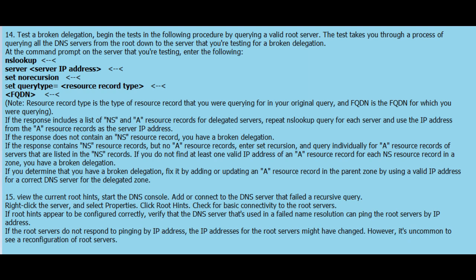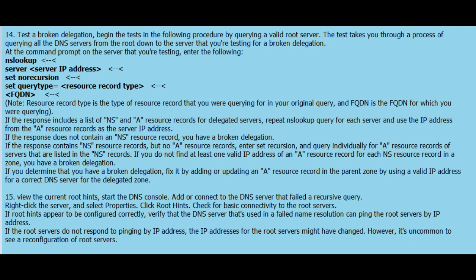If the response contains NS resource records, but no A resource records, enter set recursion and query individually for A resource records of servers that are listed in the NS records. If you do not find at least one valid IP address of an A resource record for each NS resource record in a zone, you have a broken delegation.